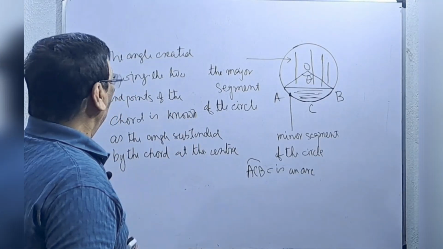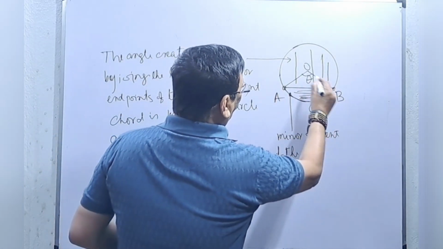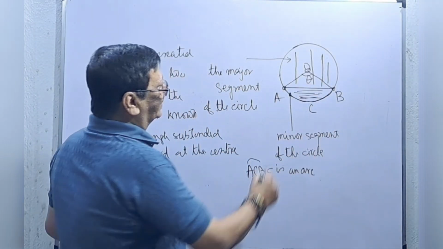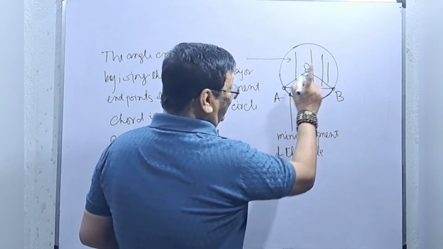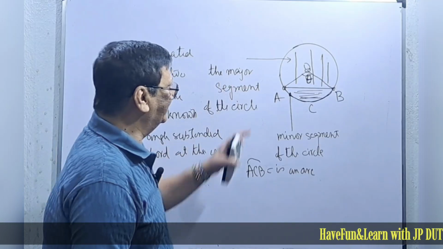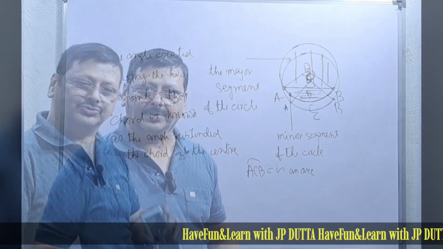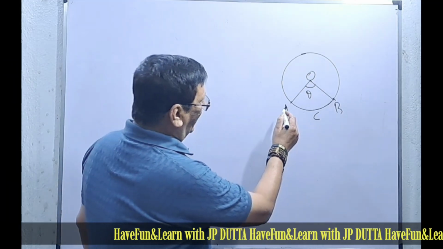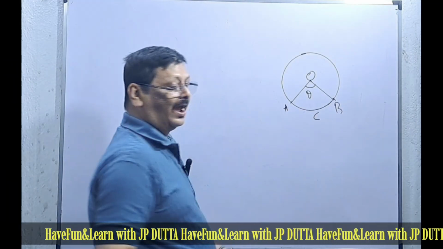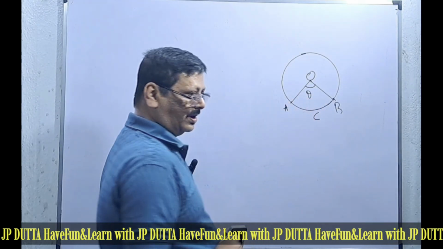So what we know, when you join the two end points with the center, you get an angle theta, right? This angle theta is called the angle subtended by the chord or the arc at the center. Now suppose we got an arc ACB and the angle subtended at the center by the arc ACB is theta.